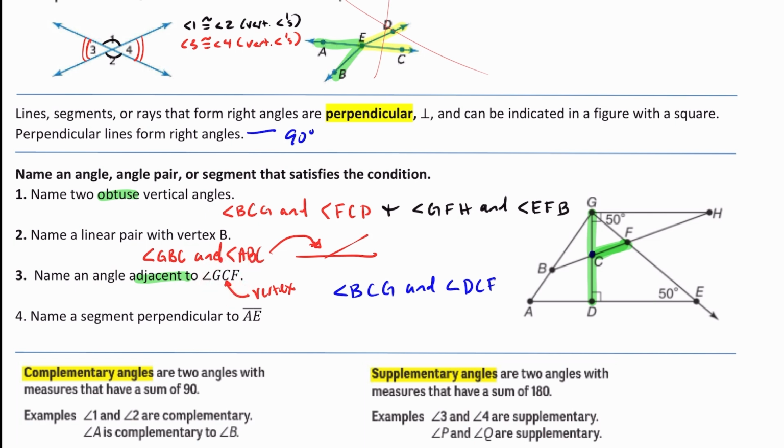Number 4, name a segment perpendicular to segment AE. Okay, where is segment AE? Segment AE is right here. And one segment that's perpendicular to segment AE would be segment GD.